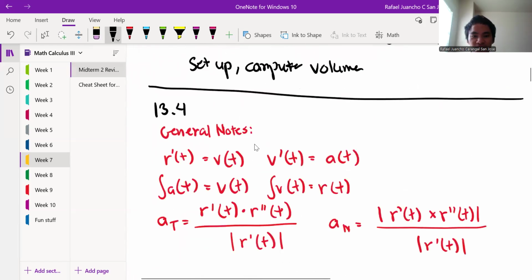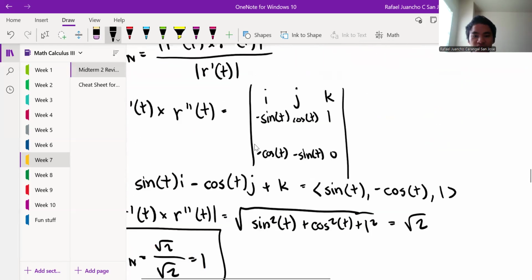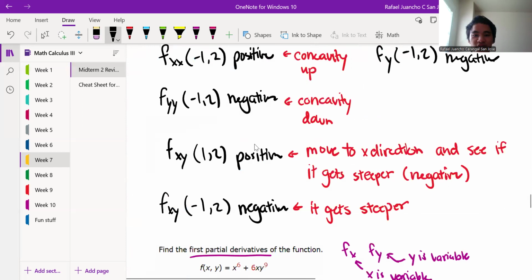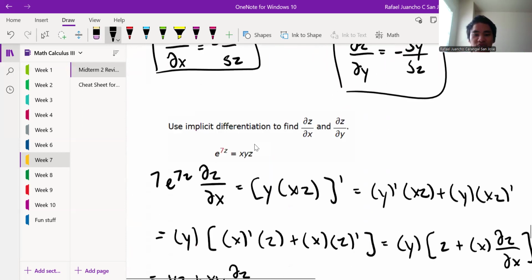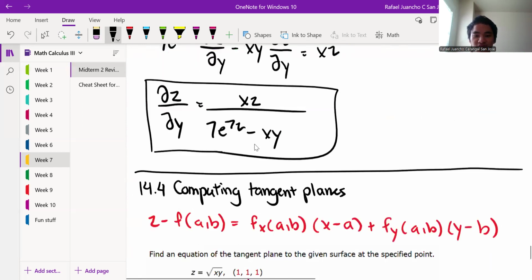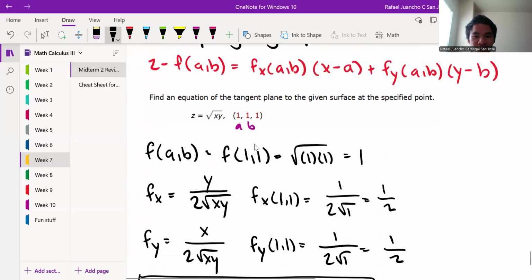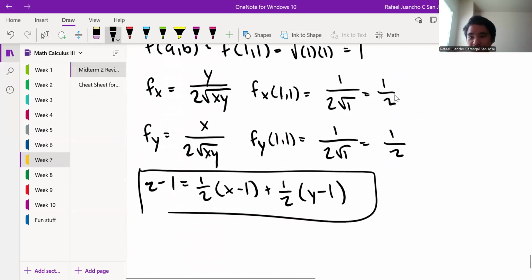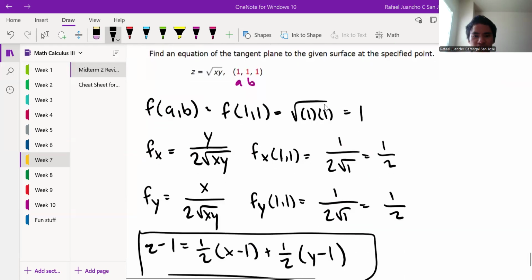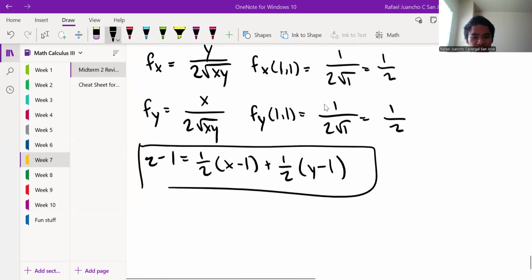Let's do one more example, maybe. I just want to get the feel of how this looks. Usually I do 2, and the moment I mess up, I'm going to do more. So again, finding an equation of a tangent plane.